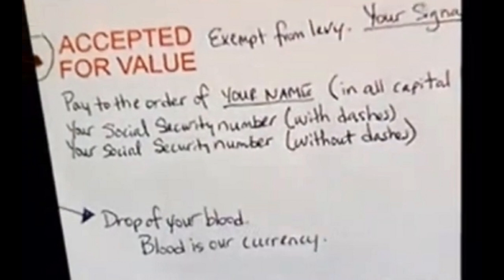When you use the dashes, that's how you typically identify your social security number when you're writing it out. But when you identify yourself in electronic format, you do it without the dashes. So this is just a way of covering both angles of your identification, with and without. That's all it is.